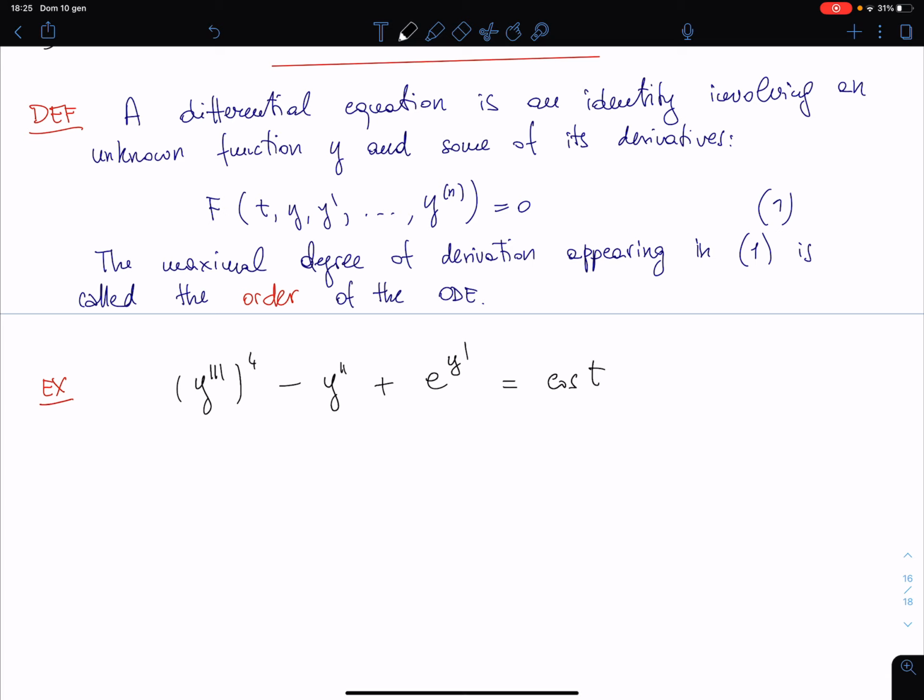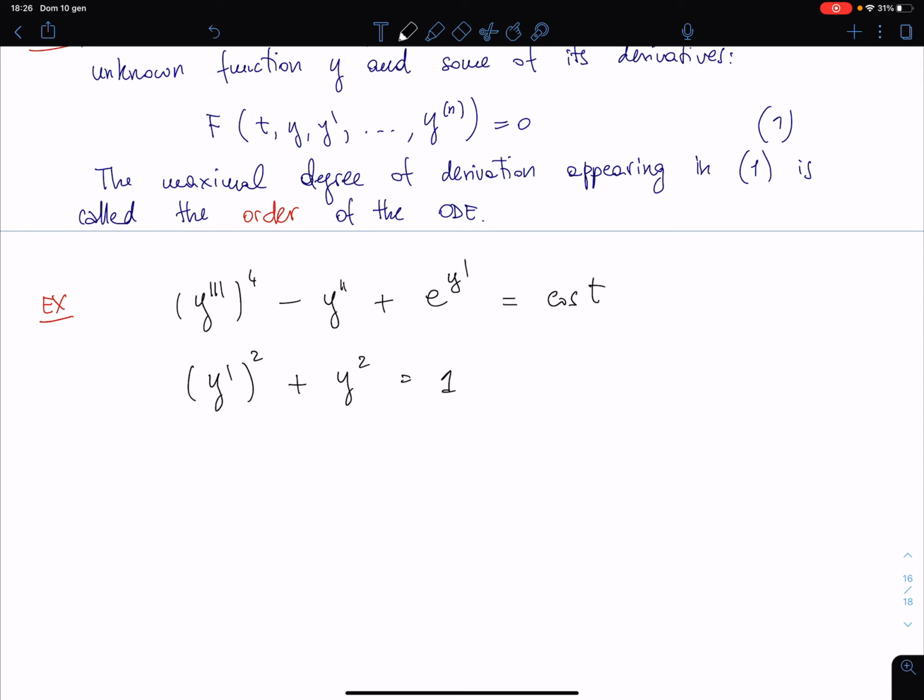This is a very difficult, very strange differential equation. This is random, but more meaningful is the following. We will meet this equation later in an example. y prime squared plus y squared is equal to 1. And of course, the differential equation we already know, y prime is equal to alpha y, and so on. Whatever expression you can imagine.